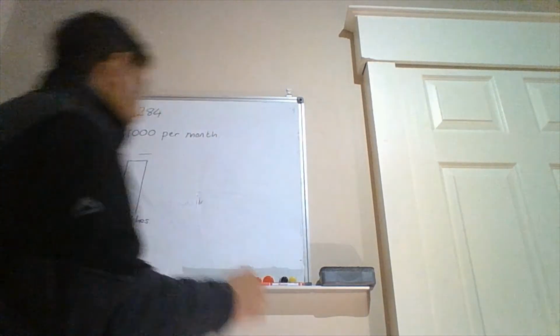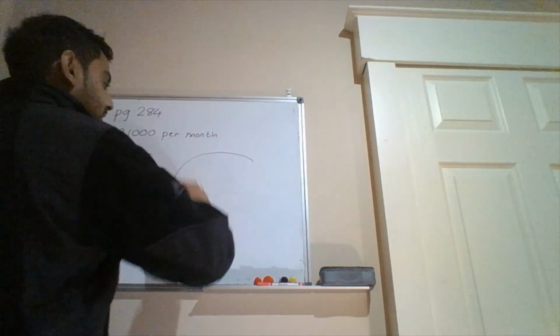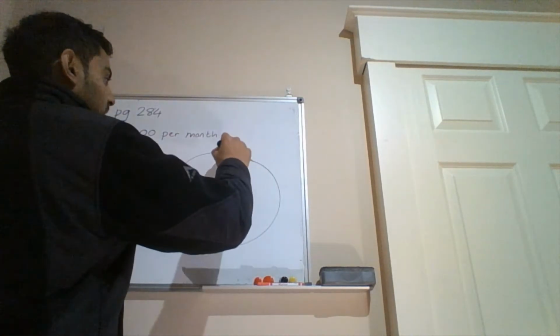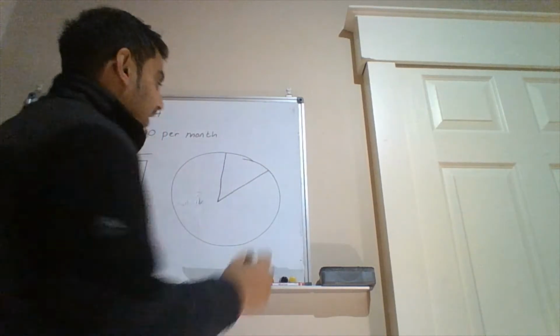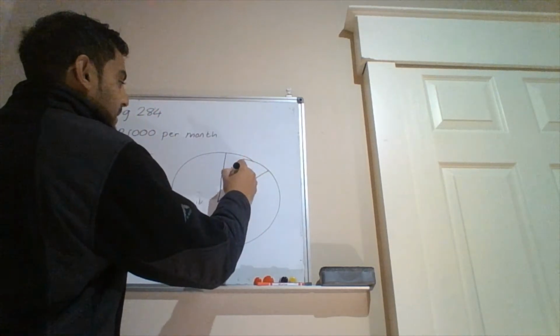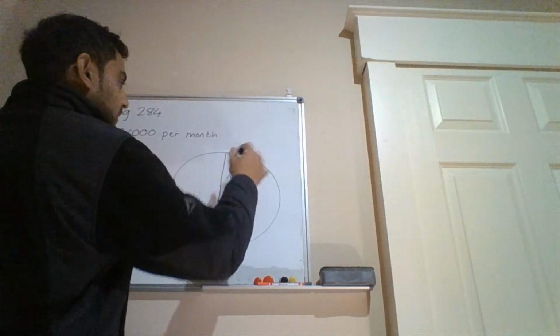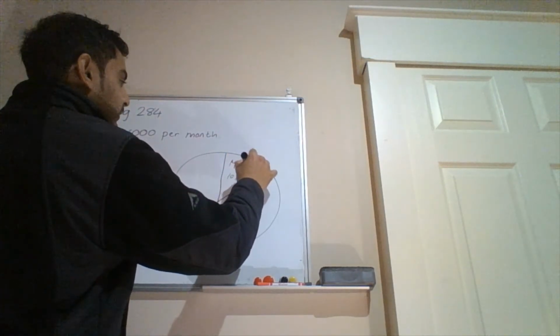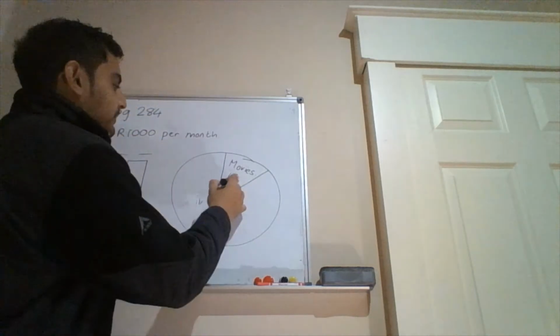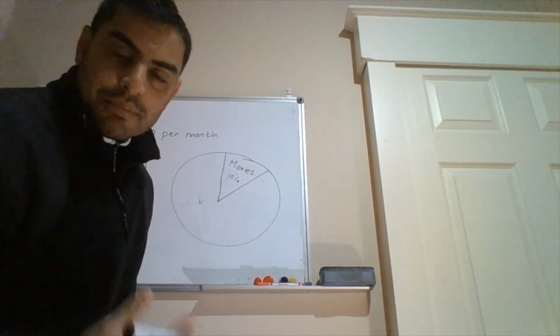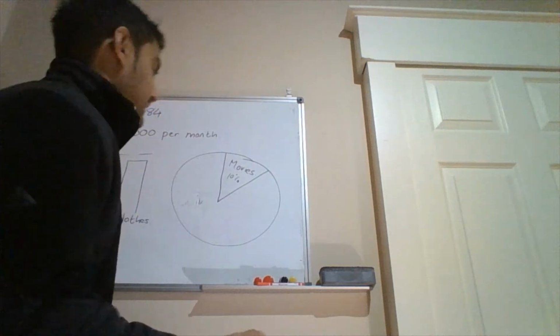So on our pie chart, we're just looking at the movies slice. It would be 10%. And if we wanted to know the angle, it would be 10% of 360 degrees.